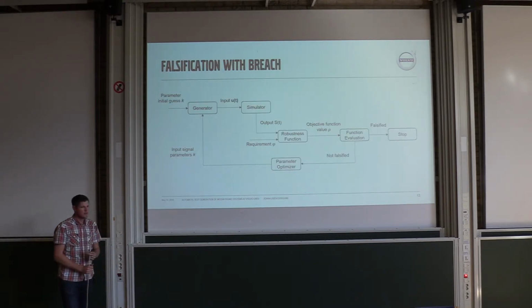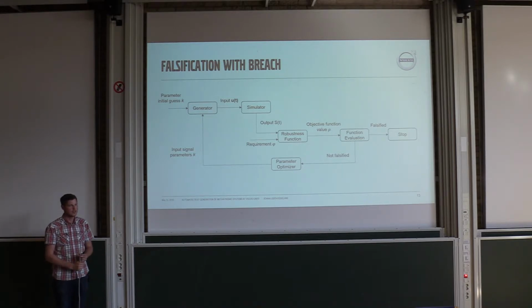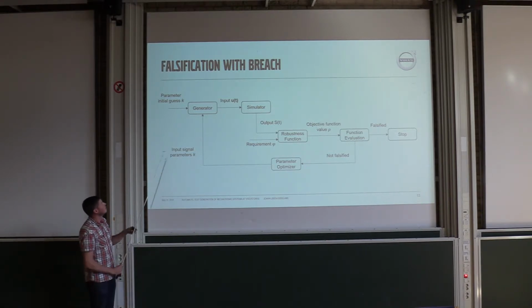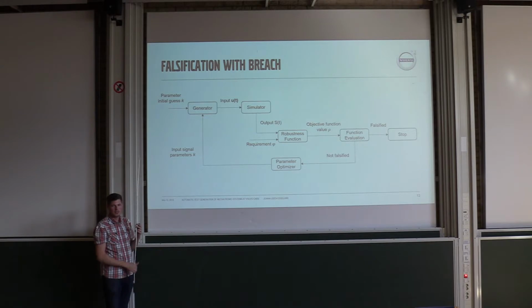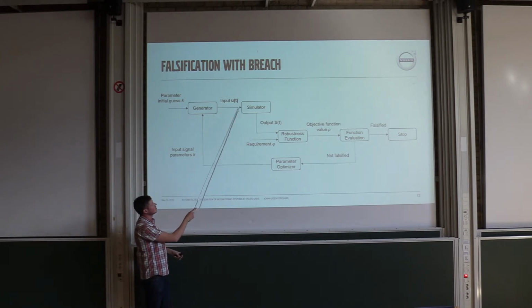So this is a more detailed image of what's going on in this falsification process. The input generator takes the input parameters. This is where we start with some initial guess for input parameters. It can typically be random if we don't have any specific idea of what we want to test. We get an input, so then we simulate it.